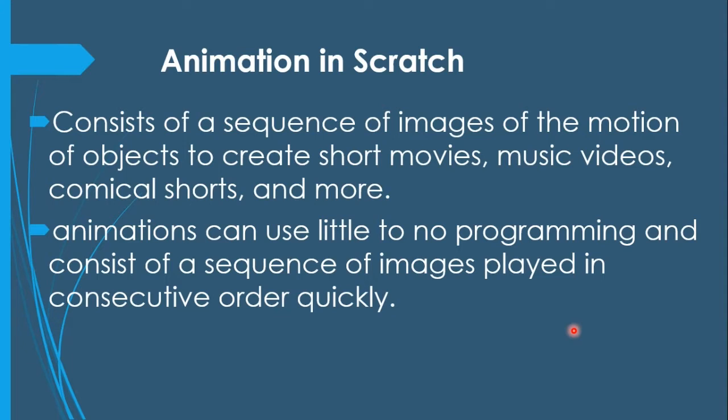At the end of the day, you'll be able to create the animation, and then record it so that you can have either a short movie, or if it was a music video, you can record it and show us the music. If it is a comic short, maybe people doing comedy, you can record that and much more once you're able to apply all those things that we've handled today.